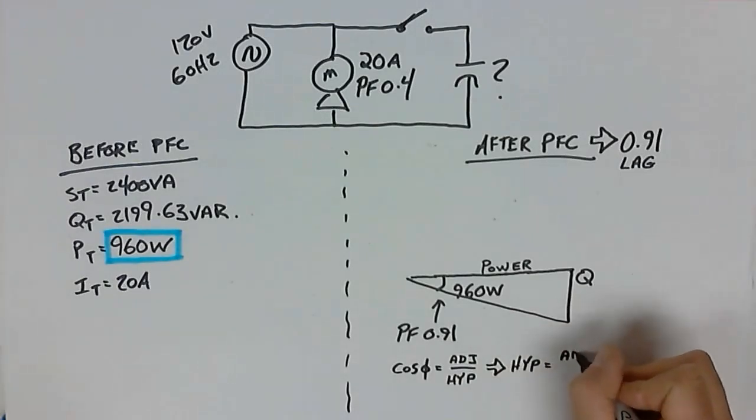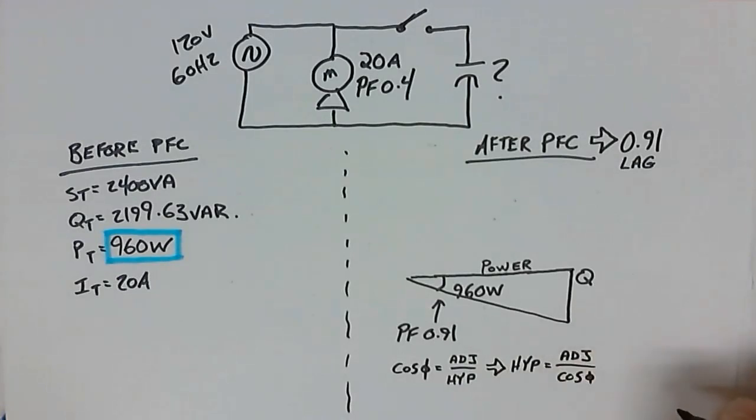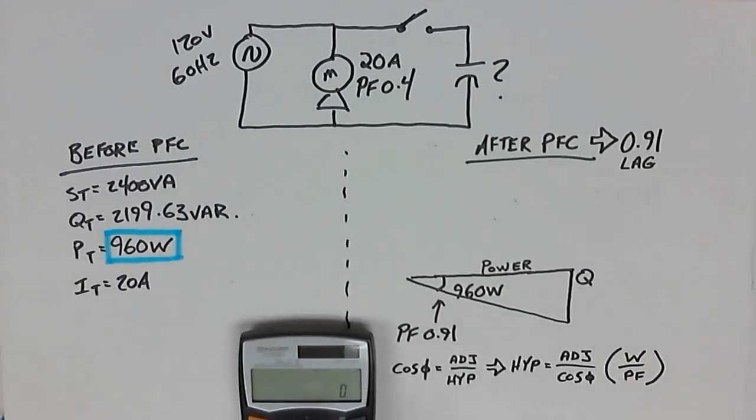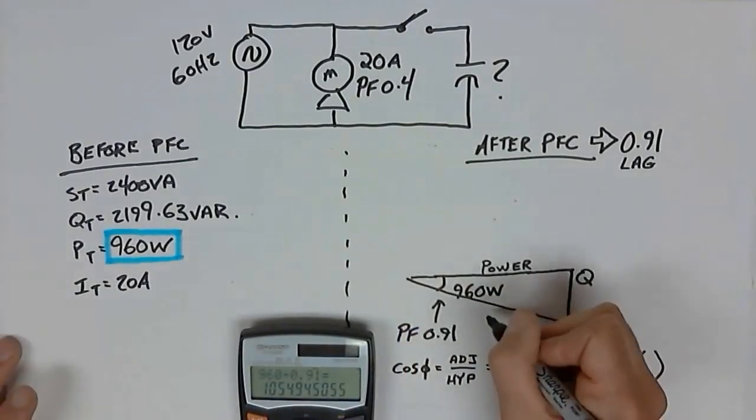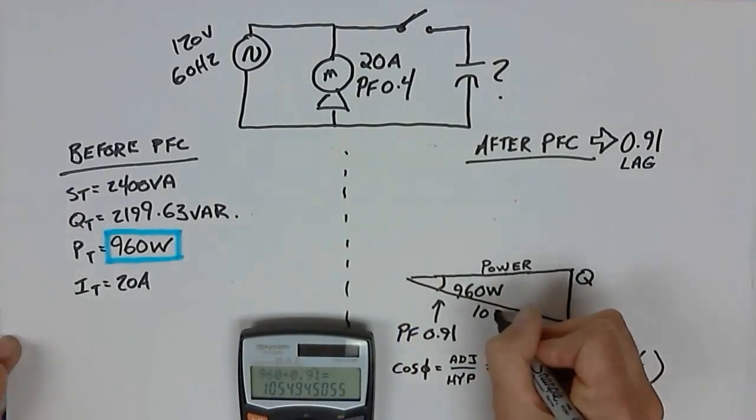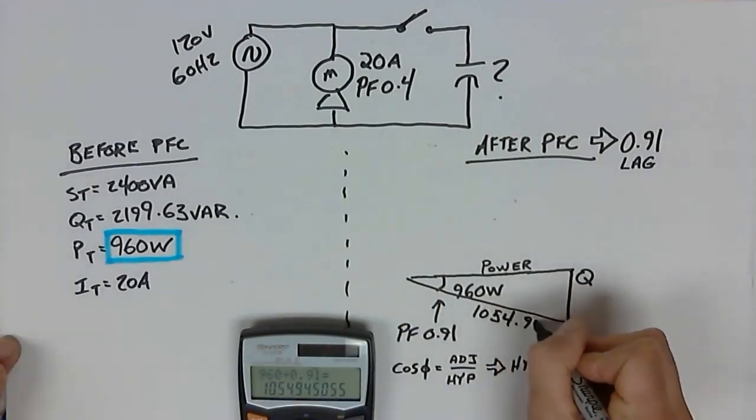That means adjacent divided by cos of the angle, which really means the watts divided by power factor. All right, so let's take our 960 watts and divide it by 0.91. It gives me a new VA here, a new VA of 1054.94 VA.